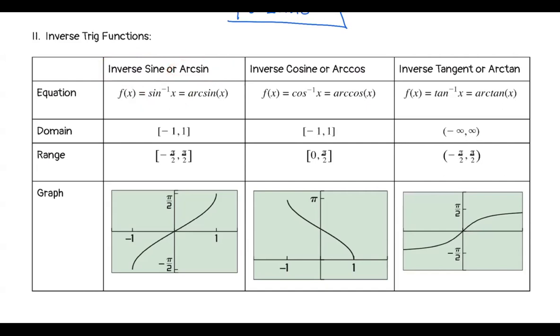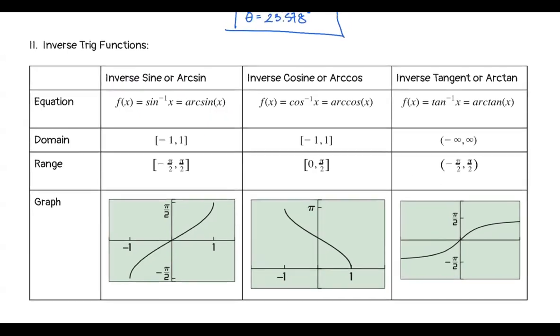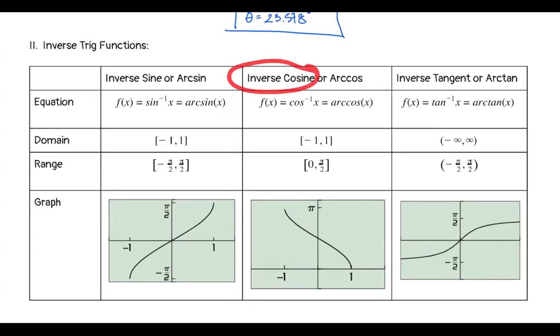Some people will say inverse sine and other people will say arc sine, but they mean the same thing. So you can write it like sine with a -1, or you can write out more letters and have it be arc sine of x. Similarly, we have inverse cosine, which we can write as cosine with the -1, or another way of writing that is arc cosine, and we can say arc cosine of x.